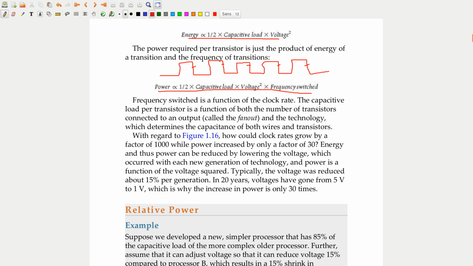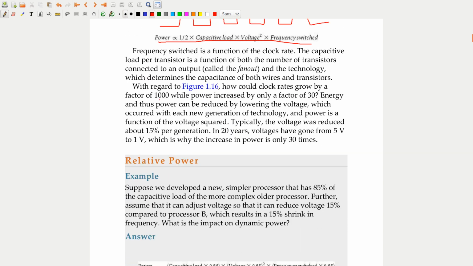The capacitive load per transistor is a function of the number of transistors connected to an output, called the fan out, and the technology. This is just some internal parameter based upon what you're using as far as transistors go in technology.